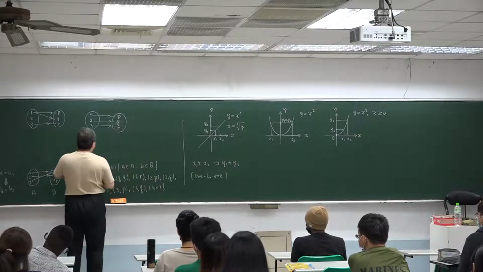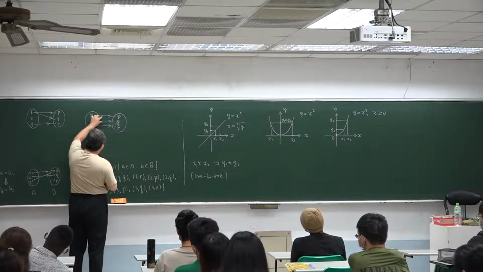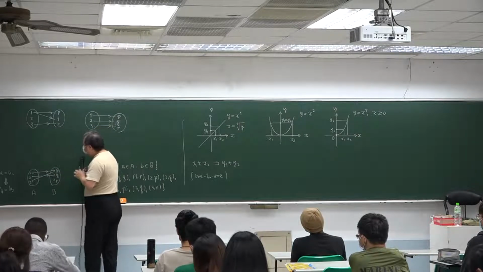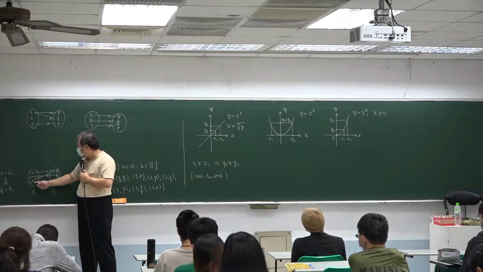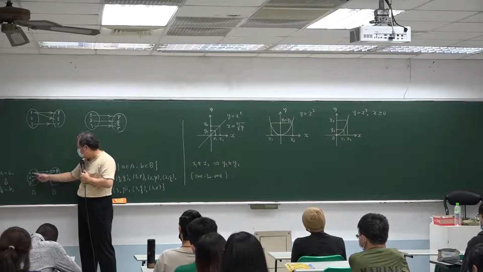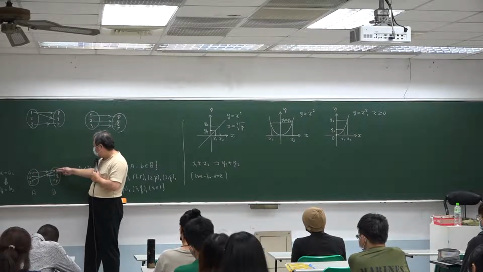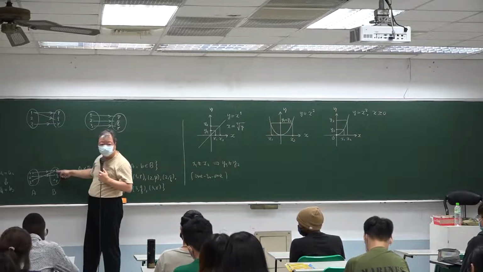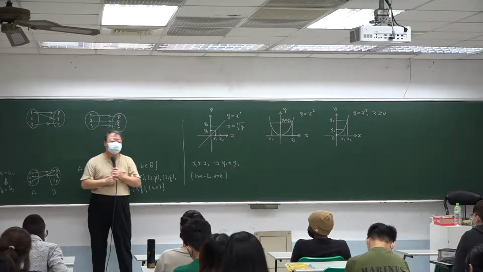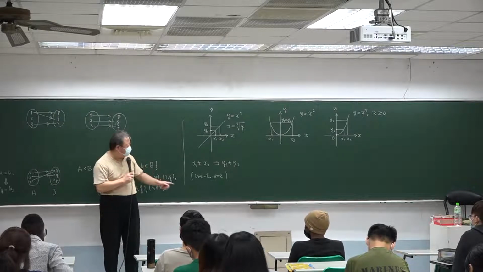In fact, if these 2 are different, then these 2 must be different. But here, 2 and 3 are different, 1 and 3 are different, but the corresponding elements are the same. So this relation does not preserve inequality.